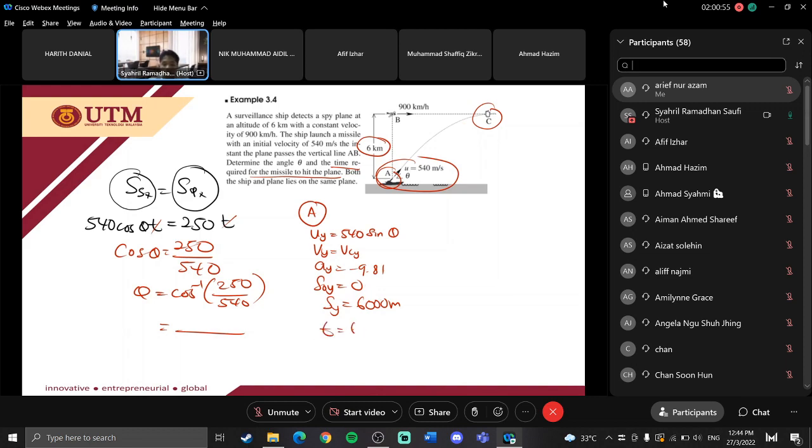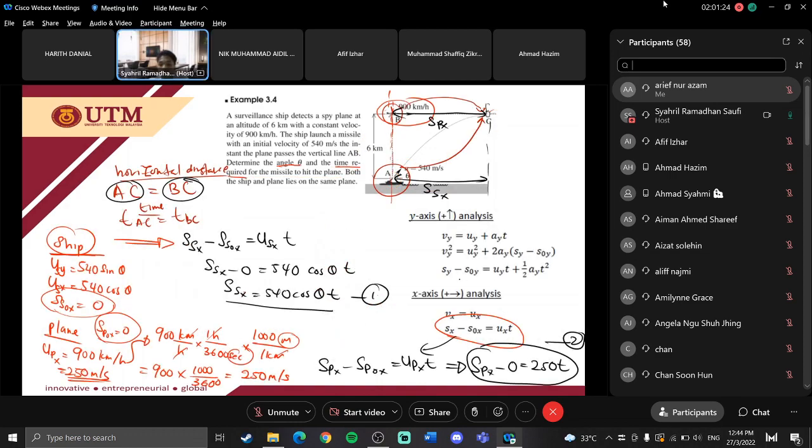The time is unknown, so you need to find this time. Since we know Uy, Ay, S naught y and Sy, we can use the equation relating Sy, S naught y, Uy and Ay, leaving the unknown t.